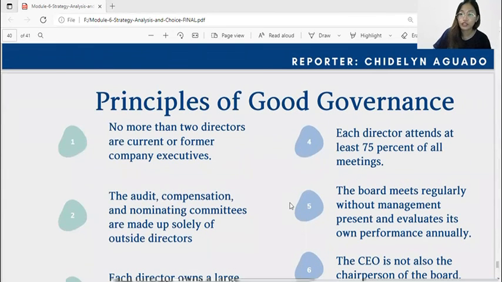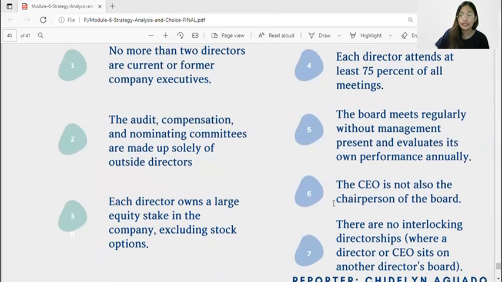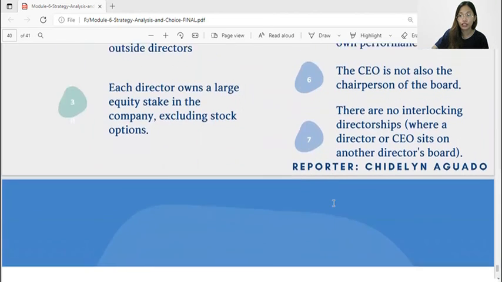Fourth, each director attends at least 75% of all meetings. Fifth, the board meets regularly without management present and evaluates its own performance annually. Sixth, the CEO is also the chairperson of the board. And lastly, there are no interlocking directorships, where a director or CEO sits on another director's board.